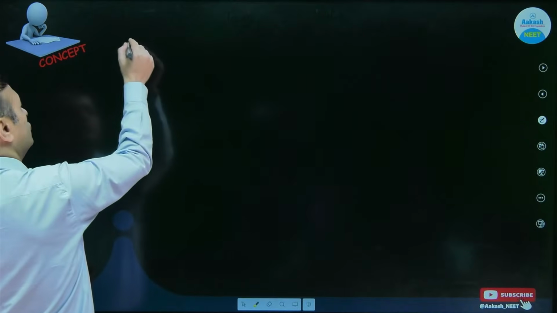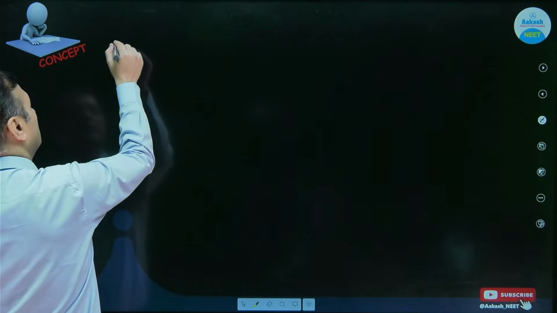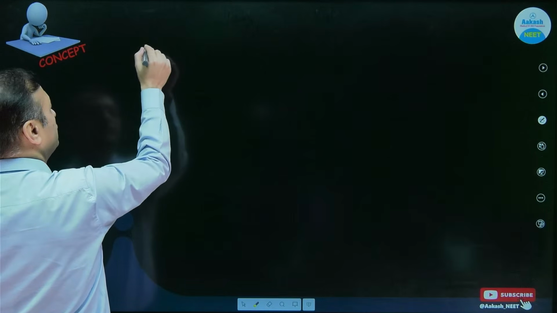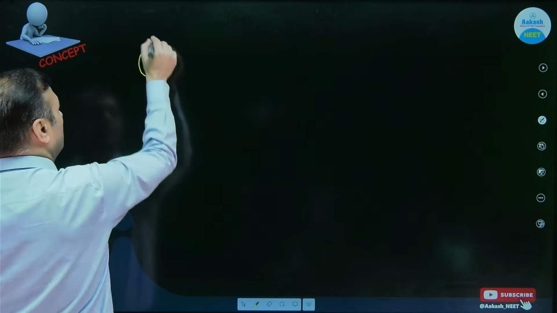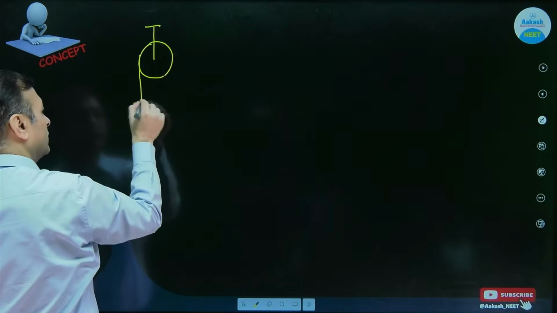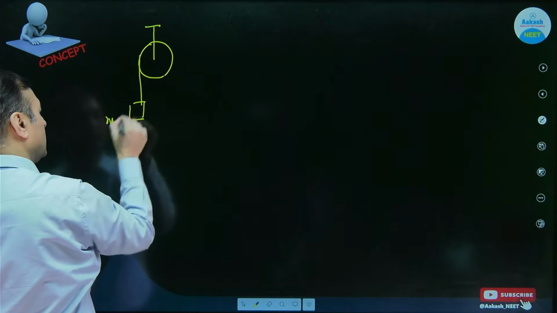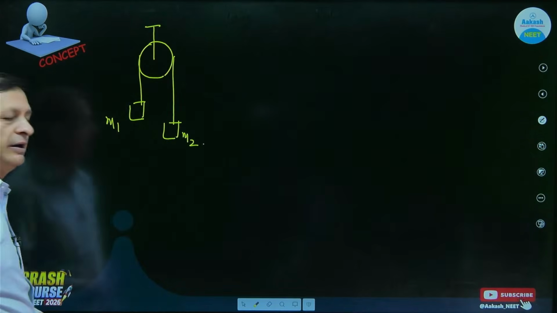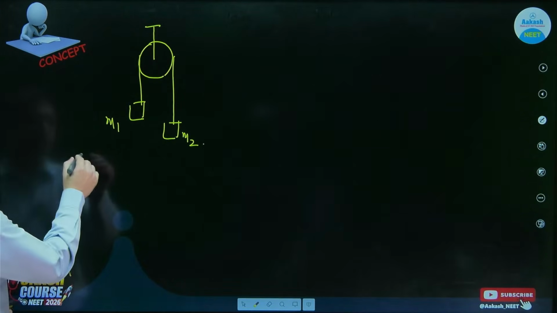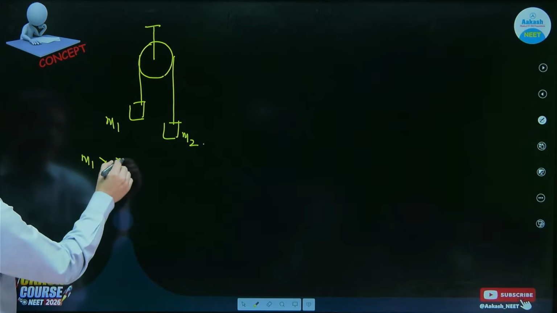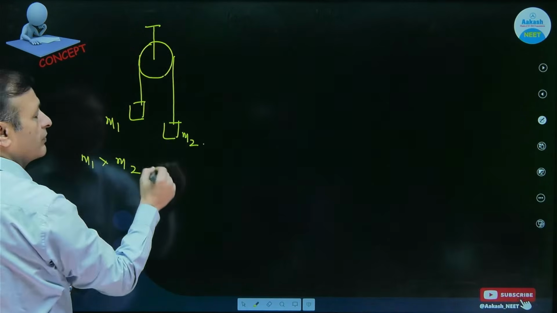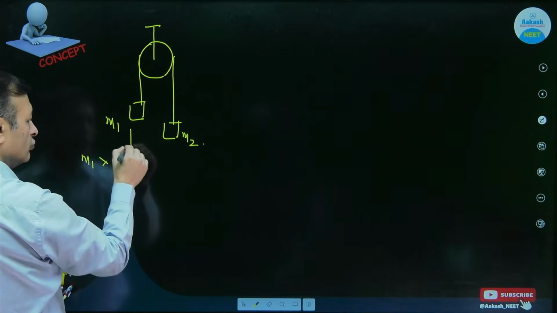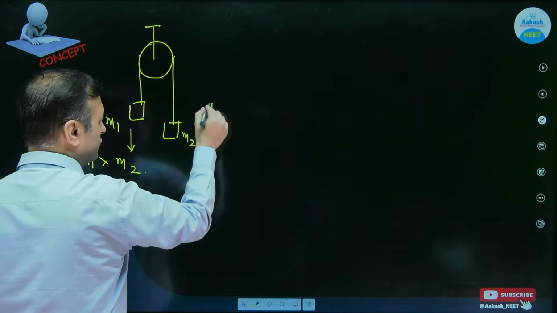Now let's suppose you have the idea of the Atwood machine, where you have a pulley and masses m1 and m2. If m1 is greater than m2, this mass will come down and this mass will go up.